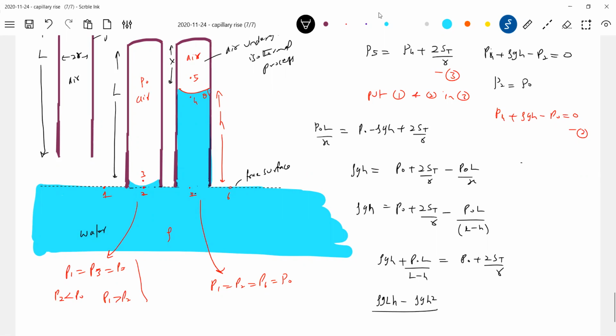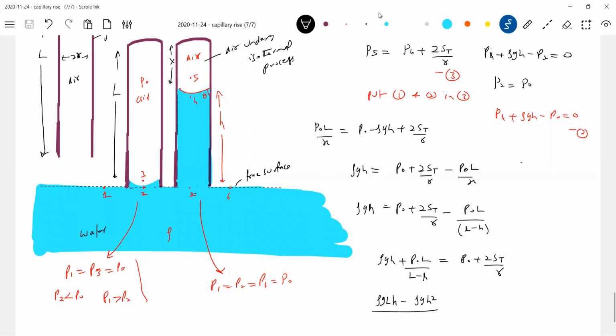This will be very lengthy, huh? An expression for H is needed. Can we use any mathematics here? X is there in the denominator, no?